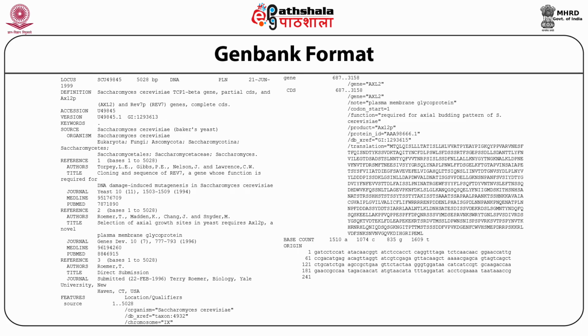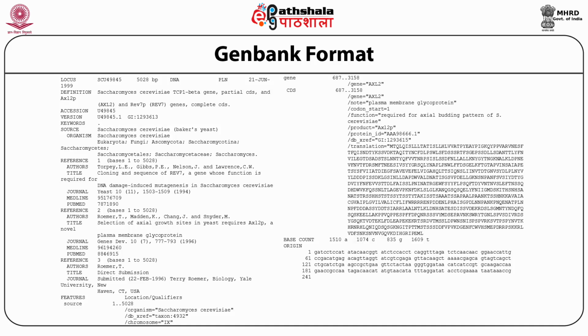You can see another format, that is the Genbank format, which contains information about the locus of this gene. You can see here a 5028 base pair long DNA, and the organism is Saccharomyces cerevisiae, and the gene is the TCP1 beta gene. Then the primary accession number is given here, then the organism taxonomy.